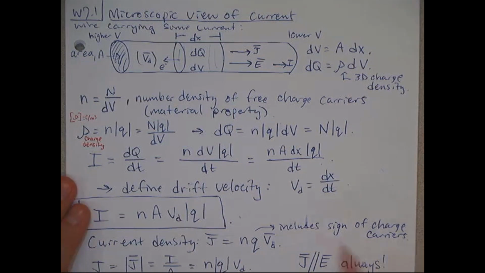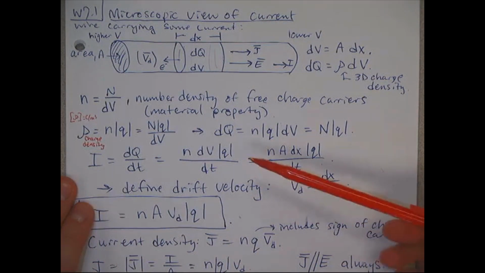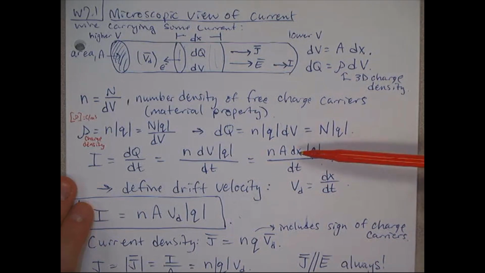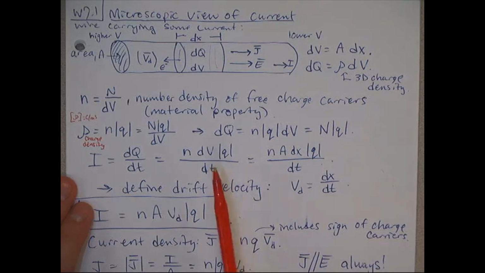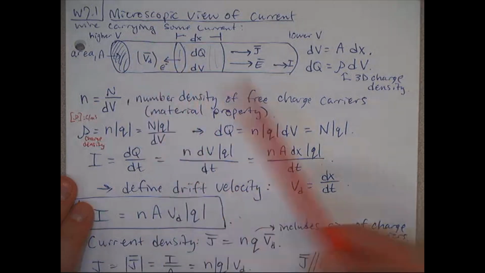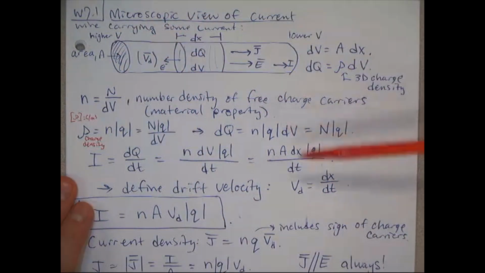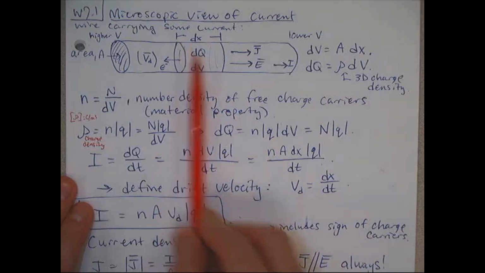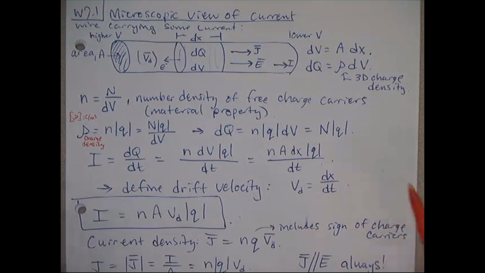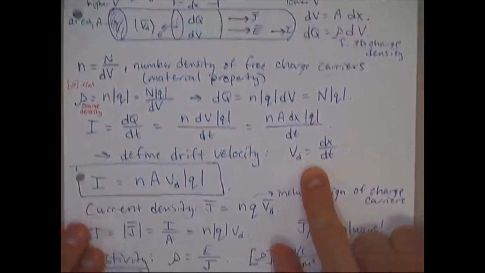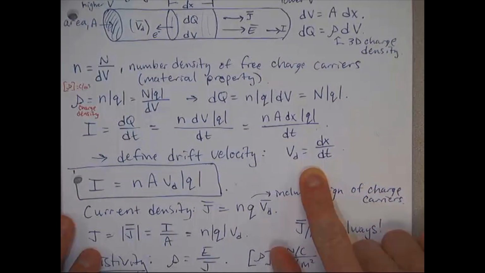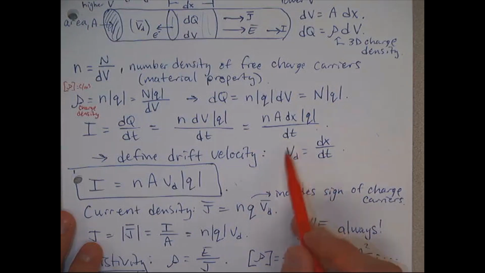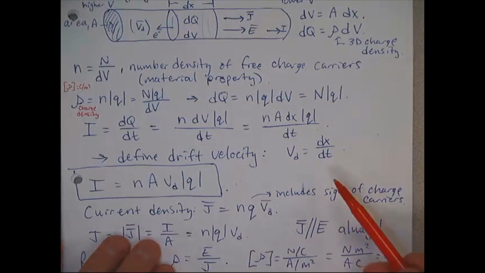The definition of current, dq dt, allows us to write an equivalent expression here where we'll change dV into the cross-sectional area A times the length of that chunk of the wire, dx. Here we introduce something which is defined as the drift velocity or drift speed, which is the magnitude of the velocity vector.